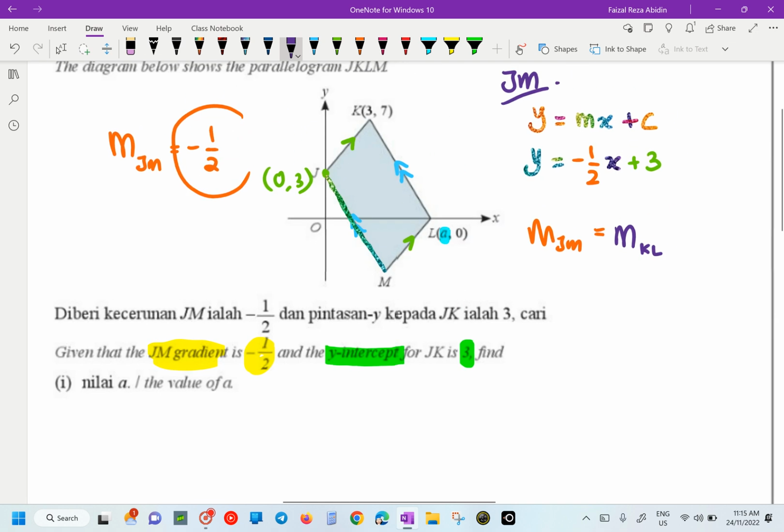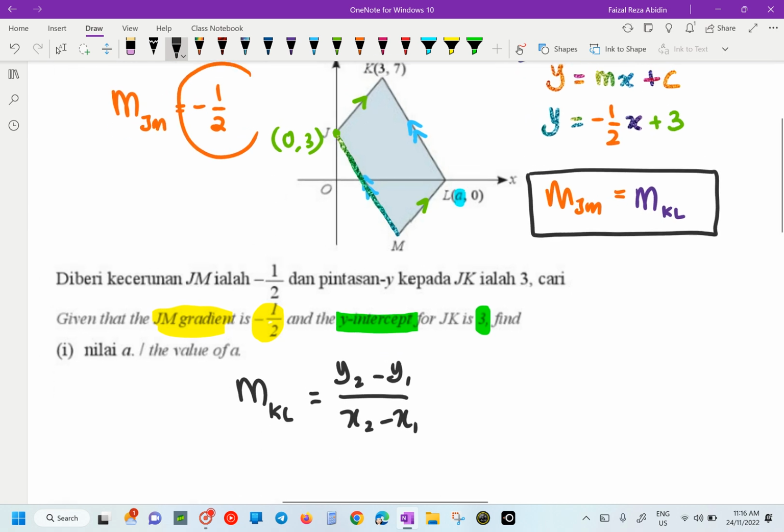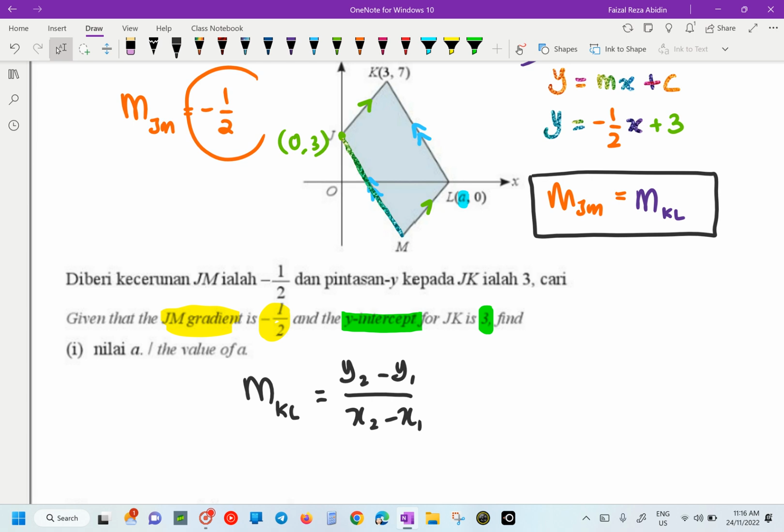Can we find our gradient? How? Gradient of KL equals y2 minus y1 over x2 minus x1. Did you remember? Yeah. So we have our gradient of KL. What is it? Gradient KL is what? Gradient of JM. Gradient of JM is what?